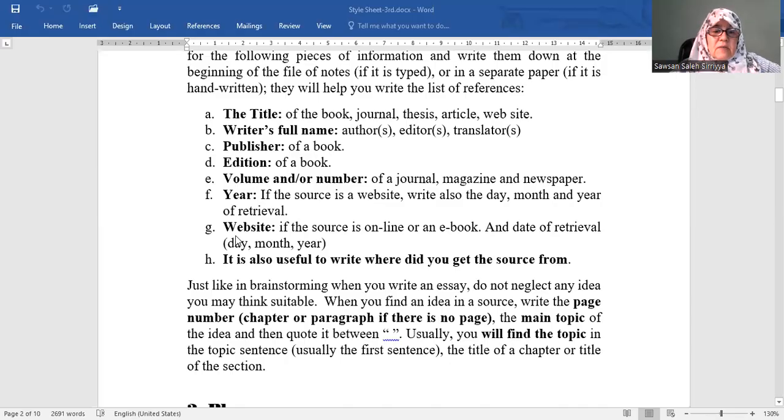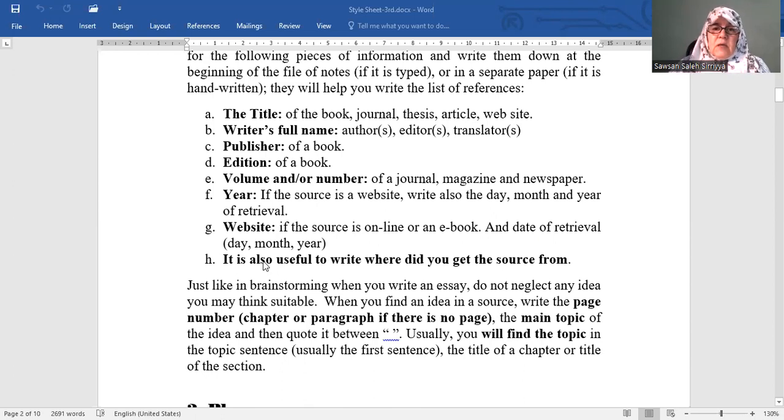Now we go back to the style sheet. After identifying everything, you see here the website, I have the title, I have the writer's full name, and I have the website. If the source is online or an ebook, I need the date of retrieval, yani like this day. It is also useful to write where you got the source from. Yani if you got the source from me, write beside it Dr. Sausen.